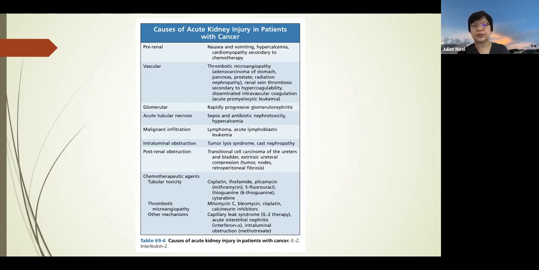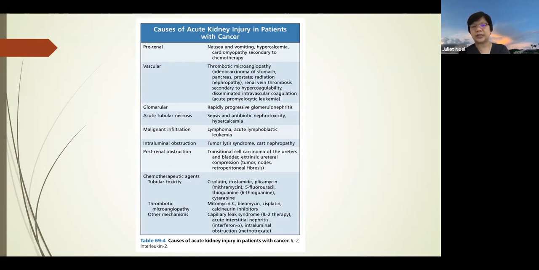If the patient had no pre-medication with medications that lower uric acid, it will predispose the patient to tumor lysis syndrome.